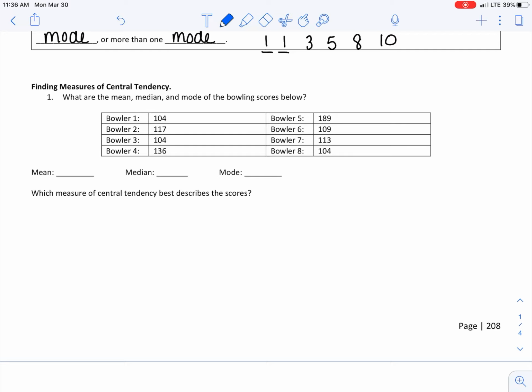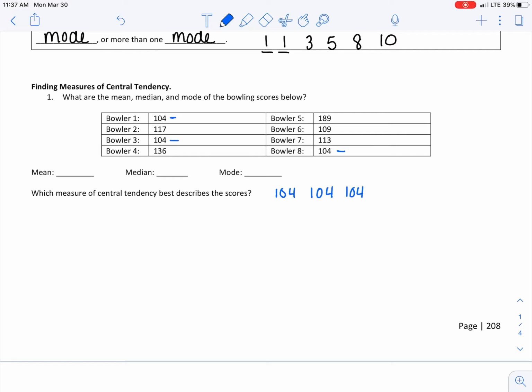The very first thing you always want to do is arrange your data in order from smallest to greatest. So if we look, we have 104 is our smallest, and we have 3 of those. So we have 104, 104, and 104.